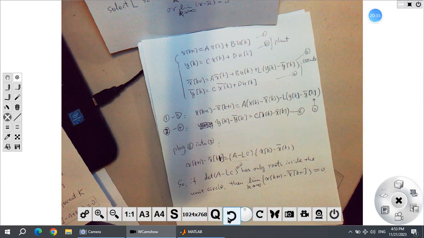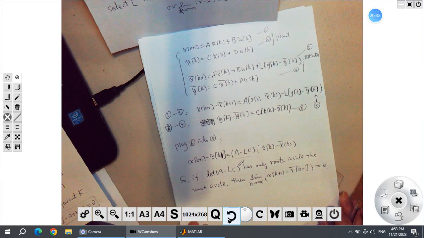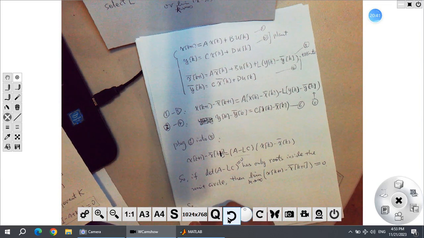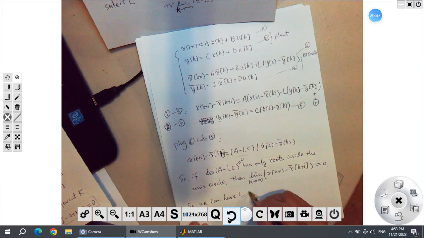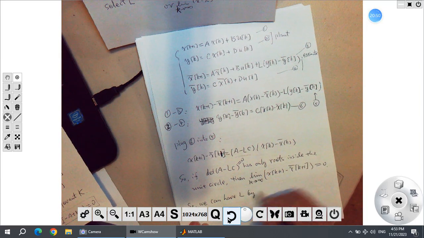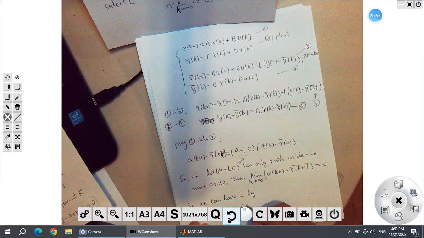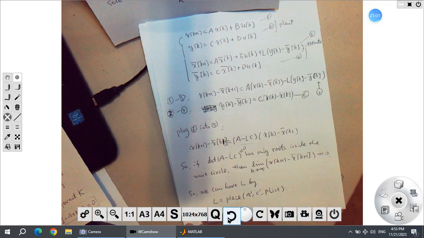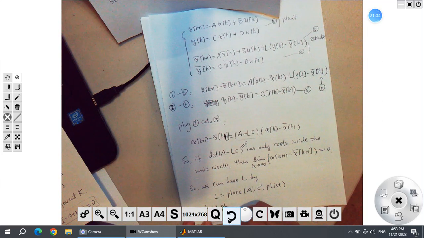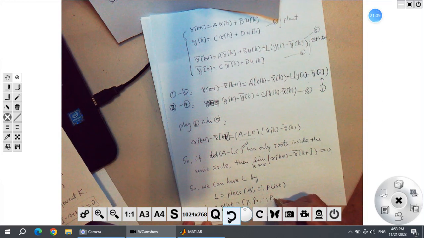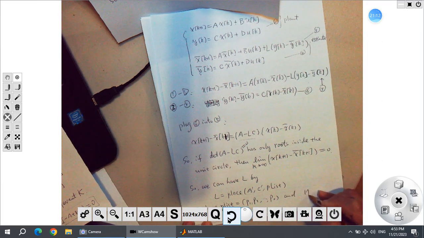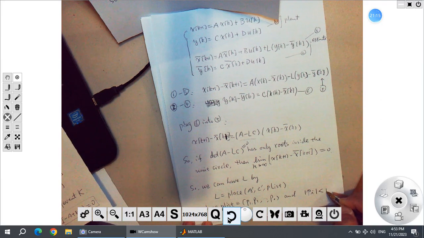Alright. Okay, then we can get the gain L by place of A transpose, C transpose, and the P list, where P list equals P1, P2 to Pn, and every Pi has absolute value smaller than 1.